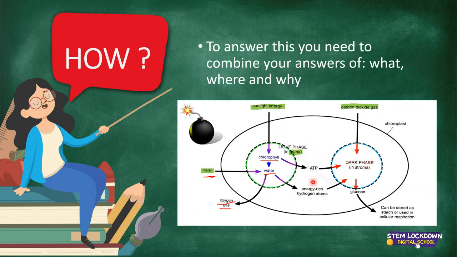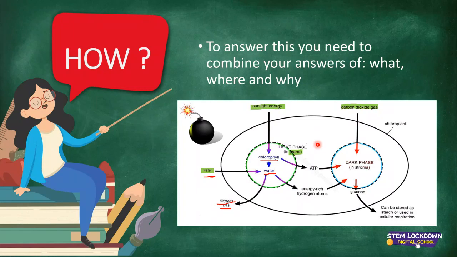Then this ATP is released into the stroma. Remember, the stroma is that open white space in the chloroplast. So in the stroma, we have ATP and we have energy-rich hydrogen atoms.